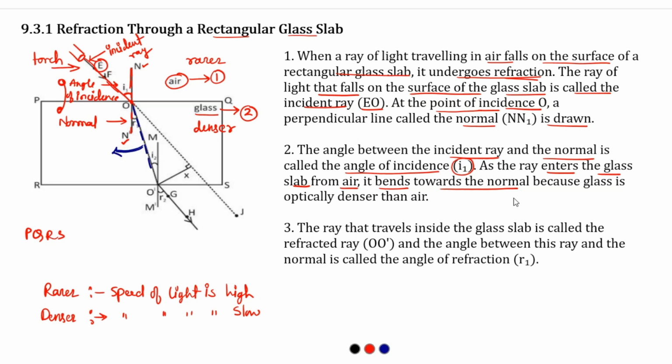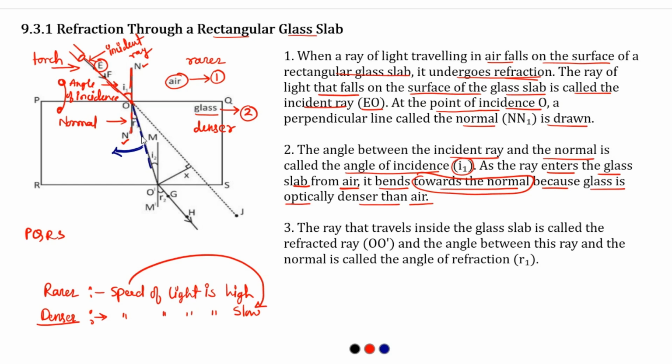Now see here in the notes, as the ray enters the glass slab from air, it bends towards the normal. Very important sentence, bends towards the normal, because glass is optically denser than air. Now the light is inside the glass and glass is denser. There are more distractions, and because of the distraction, as I told, speed will become slow, and because of the slow speed, it will not cover more distance like this.